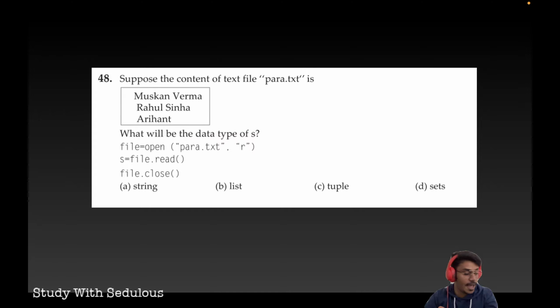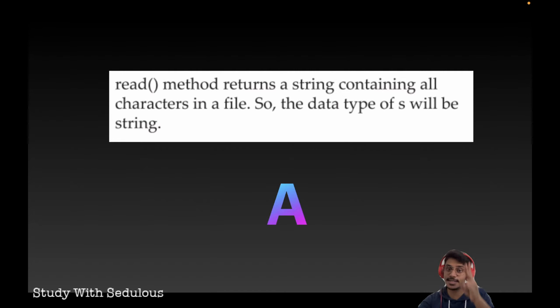If it is readlines, it will be a list of all the lines as elements. But read will give us a simple string. It will be one complete string of the file. Read and readline will give a string. Readlines will give a list with all elements being the lines.